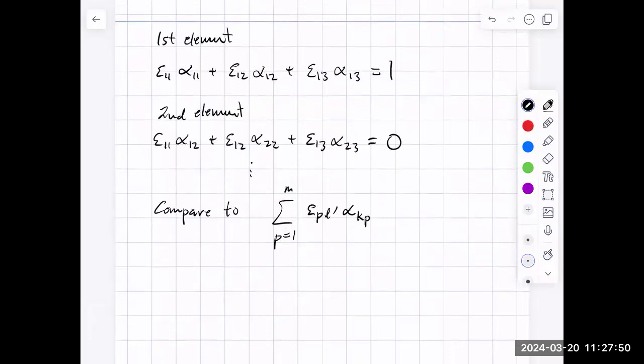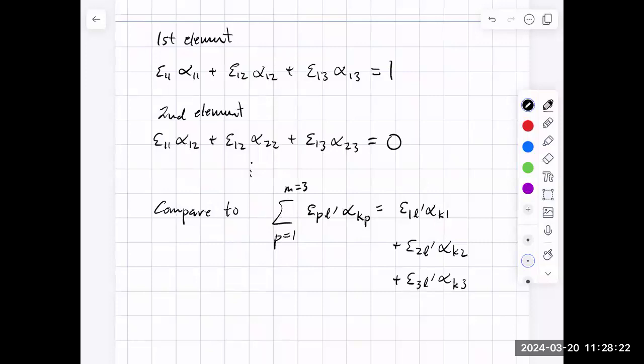And if we were to write out the sum for, let's just say M equals 3 in our example, we would get epsilon 1L prime alpha K1 plus epsilon 2L prime alpha K2 plus epsilon 3L prime alpha K3.